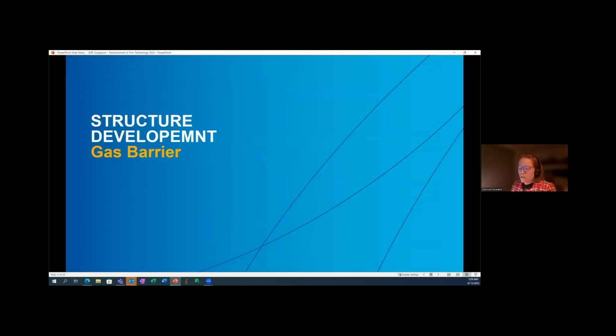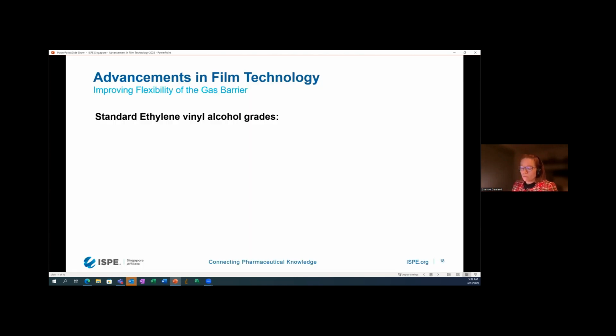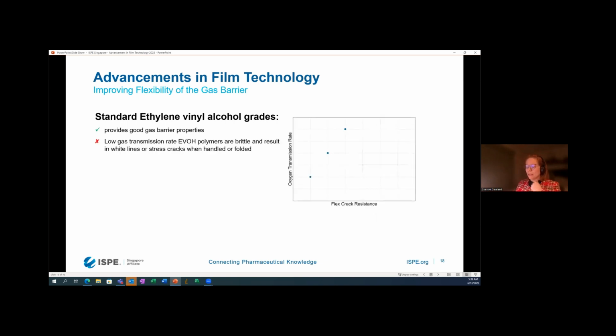Now let's move on to review the structure of the gas barrier for the new film. Ethylene vinyl alcohols are commonly used as gas barrier layers in films, but they aren't known for their flexibility. With standard grades, low oxygen transmission resins have low flexibility, and more flexible grades of EVOH provide less of a gas barrier.